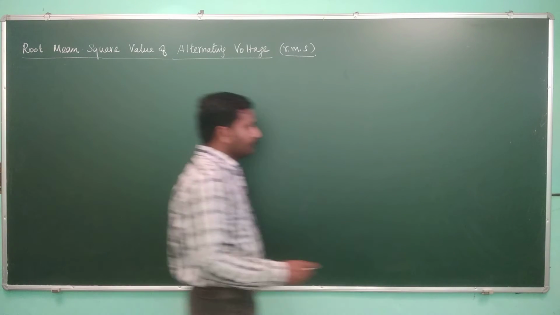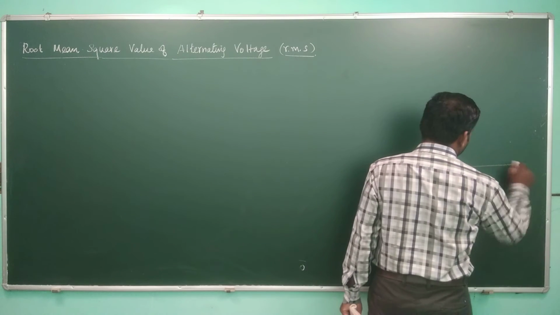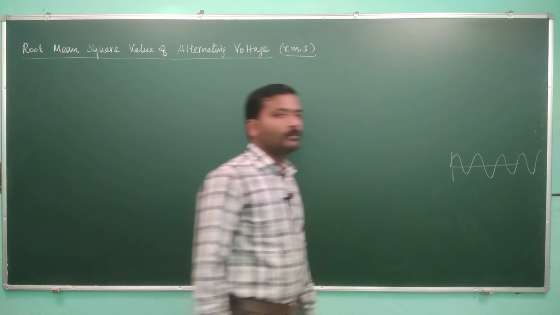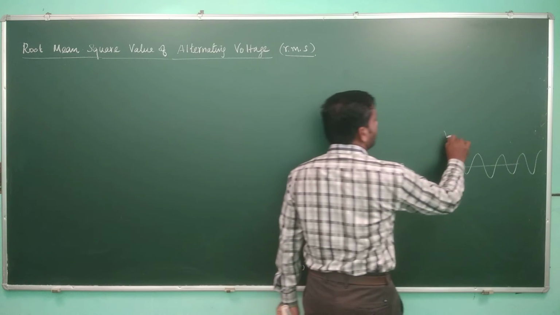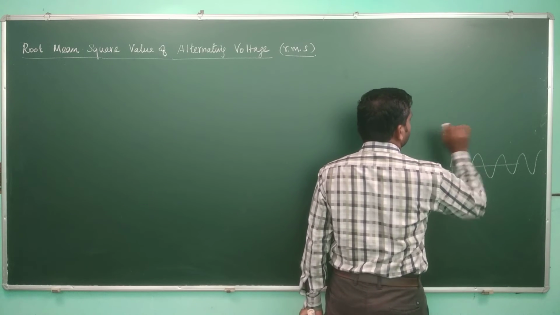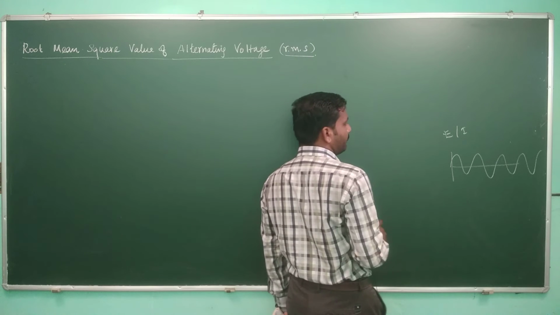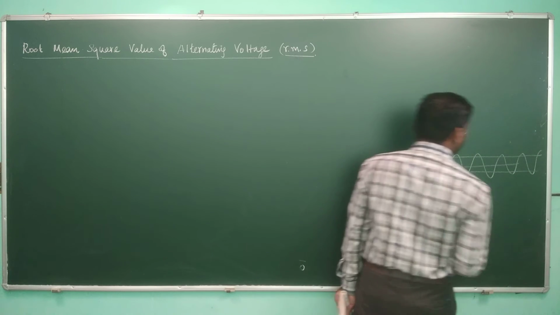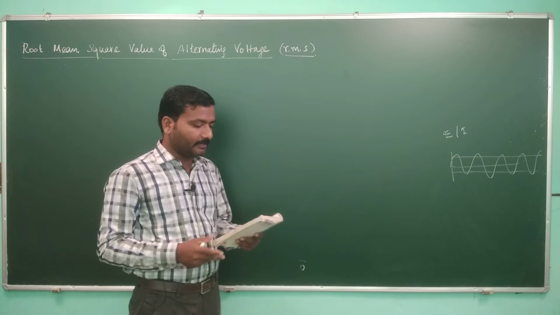See, if there is an alternating voltage or alternating current, root mean square value is the effective value, which will be lesser than that of the peak value.